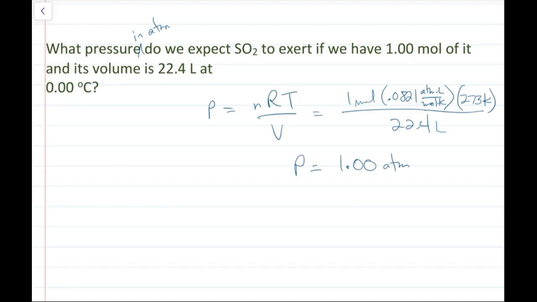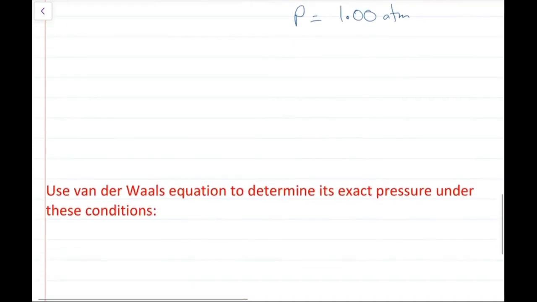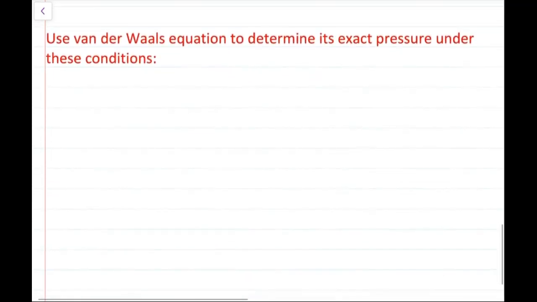Now, would we in fact have exactly 1.00 atmospheres? That's where we have to use van der Waals equation. So the next problem says use van der Waals equation to determine its exact pressure under these conditions.